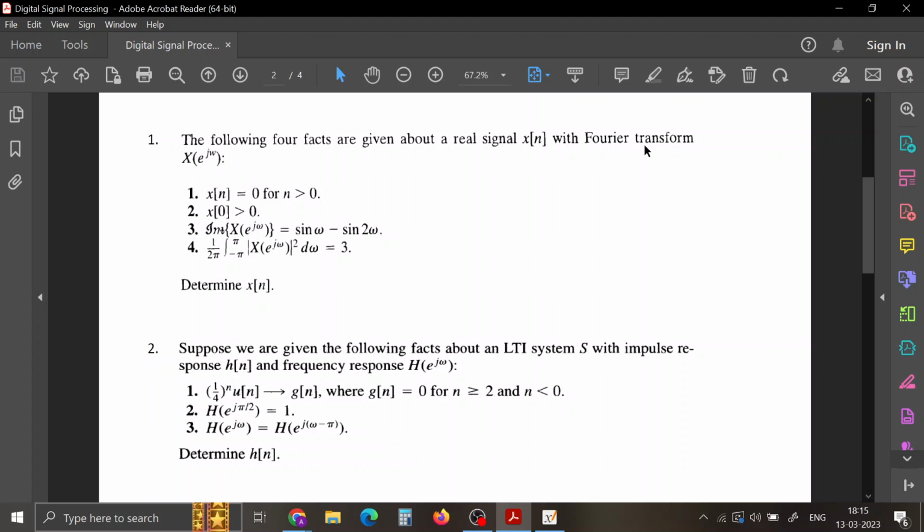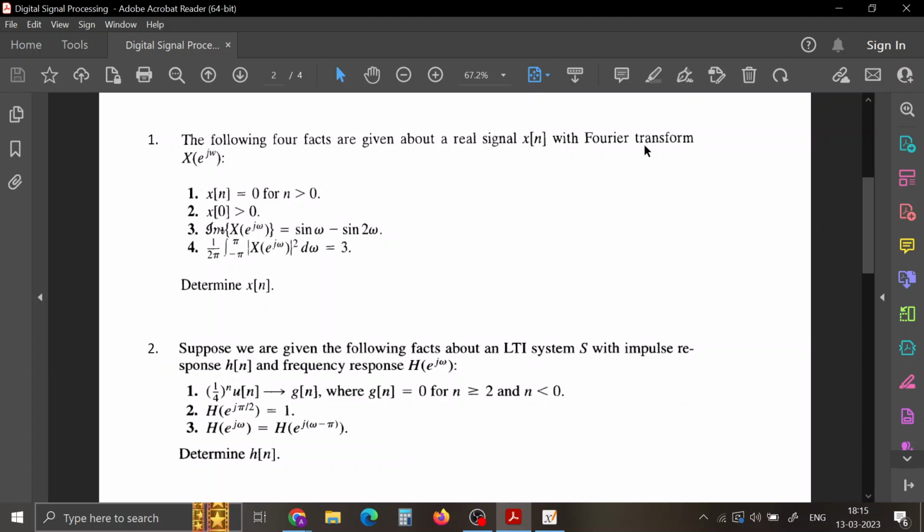The first thing which is given here is x of n is real. Also, you can see in the third condition, the imaginary part of the Fourier transform of x of n is given.